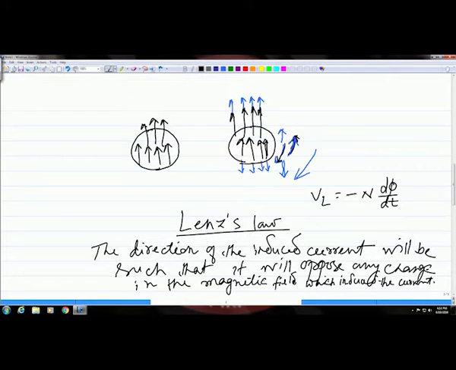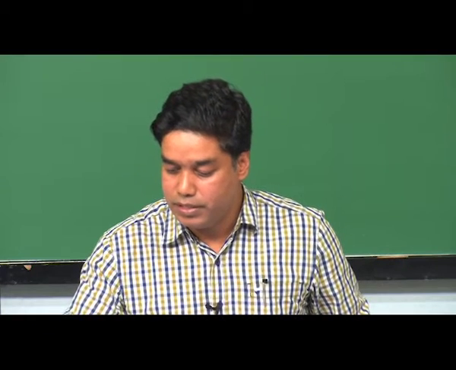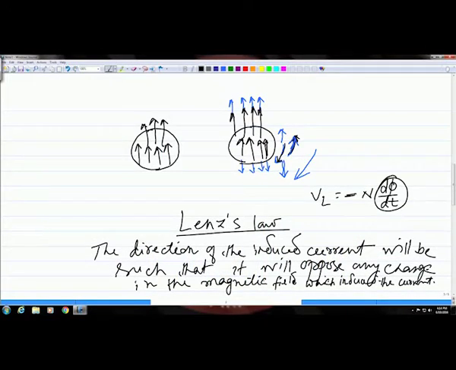So, this negative sign indicates that the induced current is opposed to the change of the magnetic flux. Please remember that we will come back to it while deriving the parameter we are looking for.